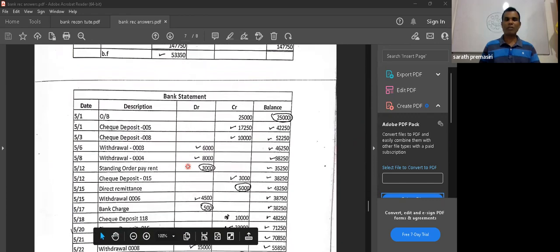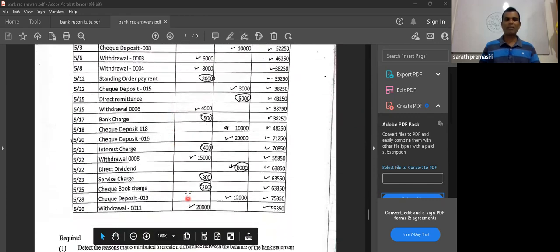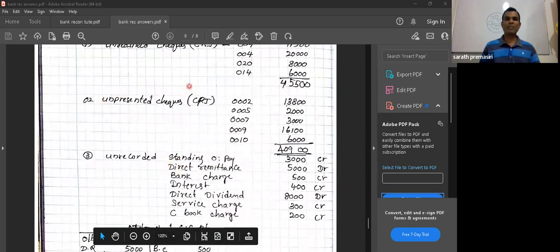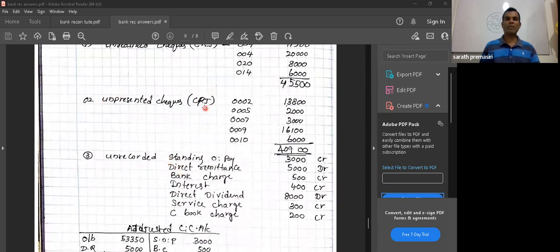Here I have written by my handwriting issued unpresented checks, quoted from the cash payment journal. 40,900. See whether 002, 005, 007, 009 and 0010. Now these are the values of the checks.